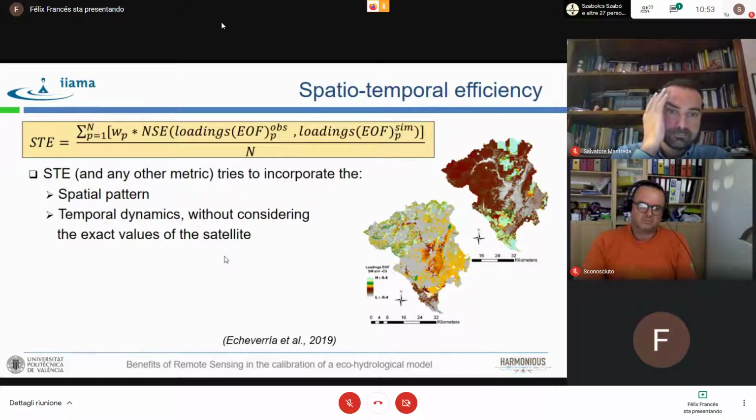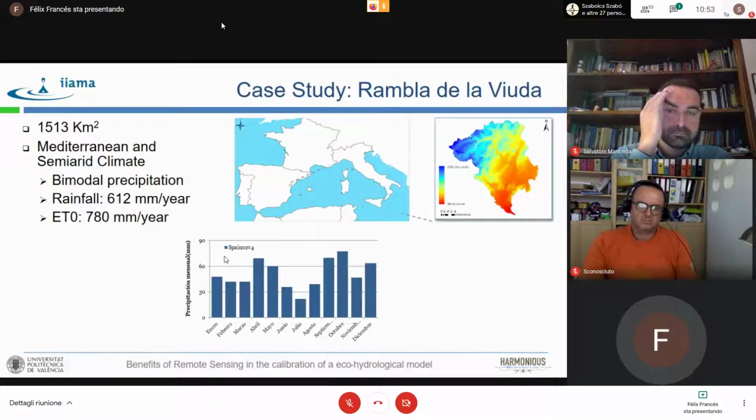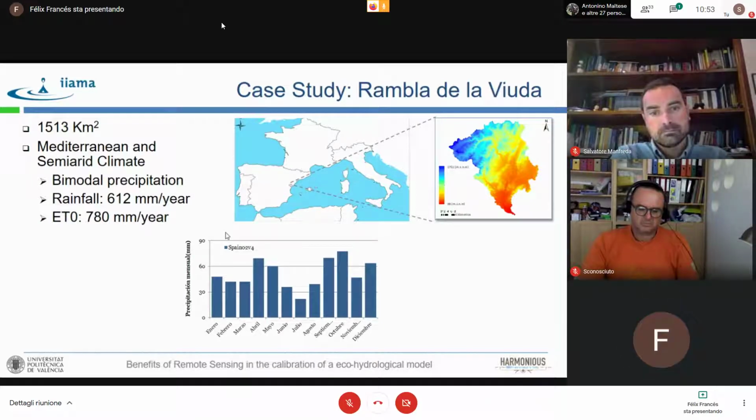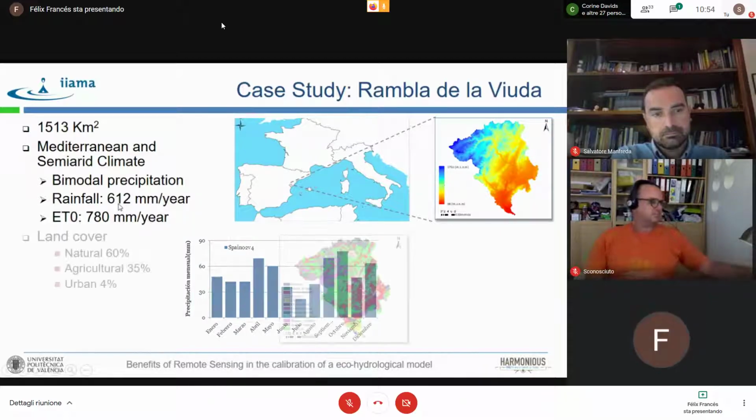The case study is a relatively large catchment on the east coast of Spain, with a Mediterranean semi-arid climate. Mediterranean means that there is a clear bimodal precipitation in spring and in autumn, and the potential evapotranspiration is much higher than, in this case, just higher than the annual rainfall.